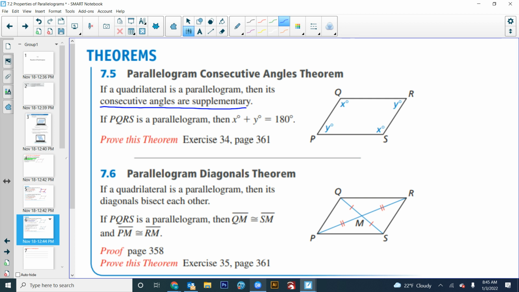The book writes it this way for the picture. I'm going to give you an option on 2 ways to write this when you draw the picture. They write x, y, and then they make a little rule down here where x plus y adds up to equal 180. There's another way to do it where you could say x, and then these angles are 180 minus x.